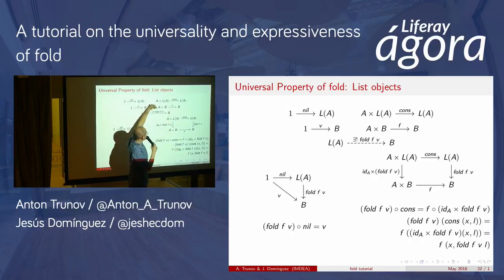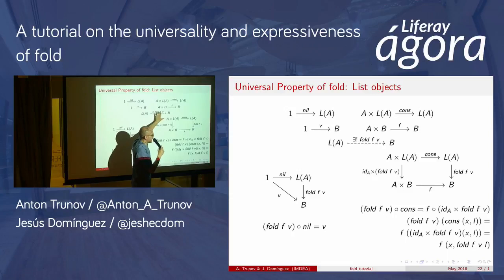So the universal property is telling me that if you have this and this, there will exist some function between the list type and this type B. This thing is just a name. I am not saying here that I built fold somehow before. It's just a name, parameterized over these two parameters that I am giving here.